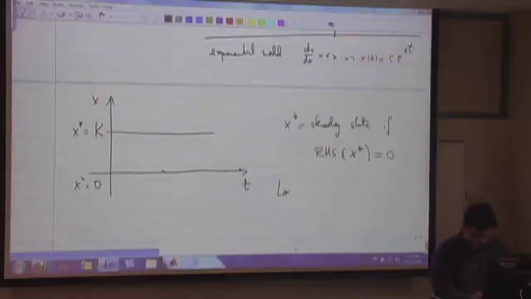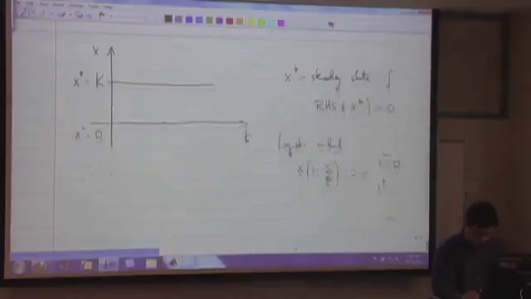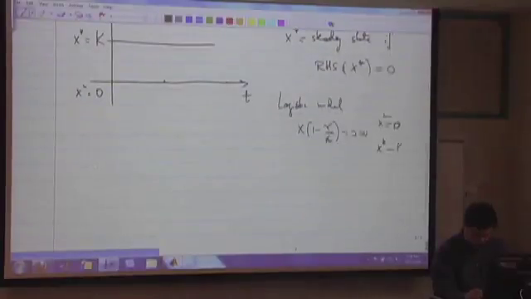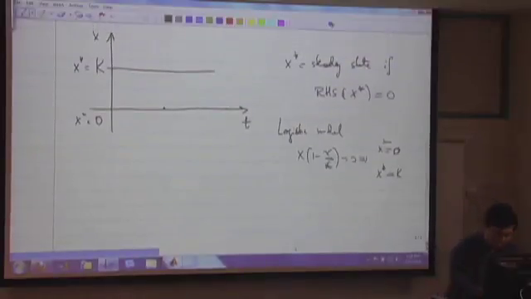So for the logistic model, x times (1 minus x over k) equals 0 gives you those two solutions, x star equals 0 and x star equals k.